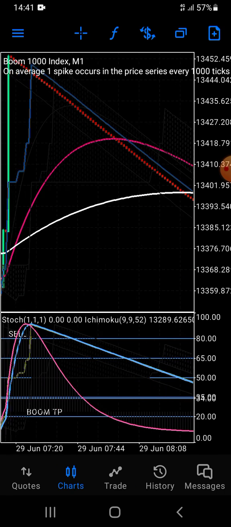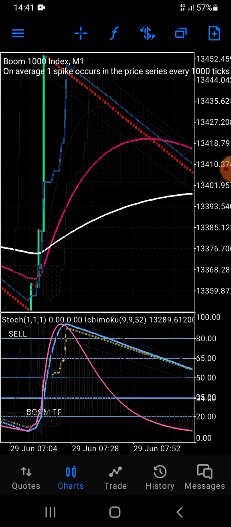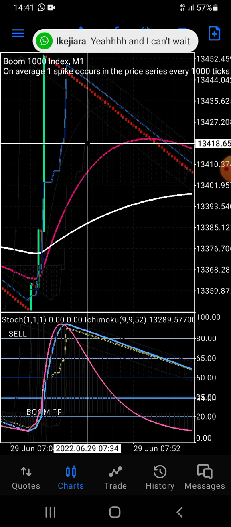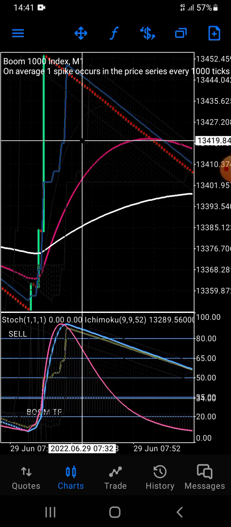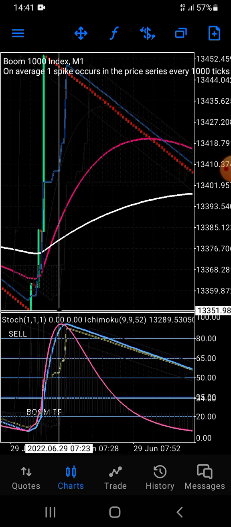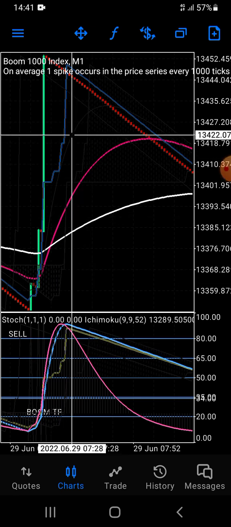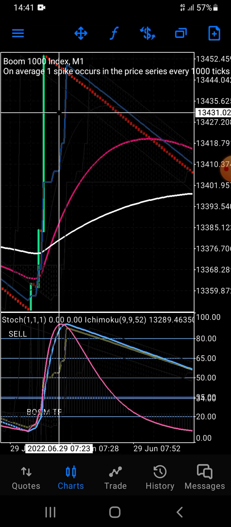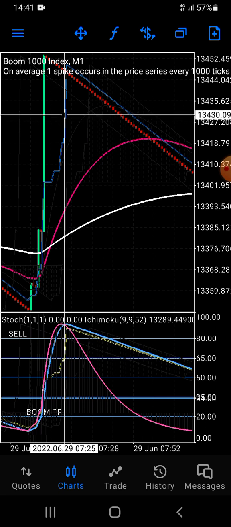So if you can see, we have two windows. Follow my crosshair. This area, the main window, and also my indicator window one. As you can see, I have three lines here and the main indicator.